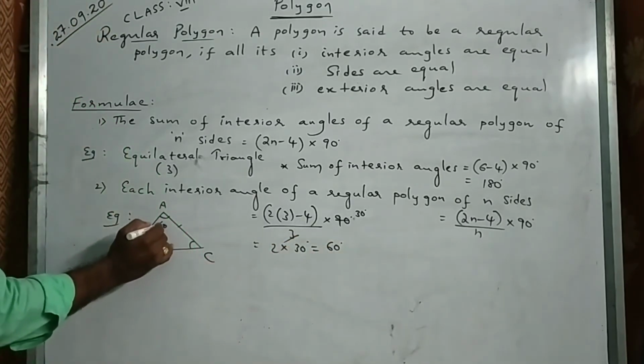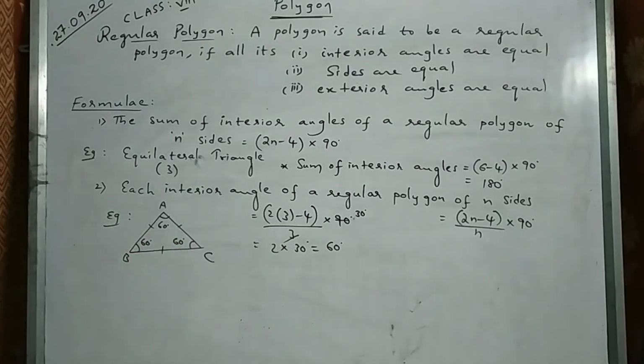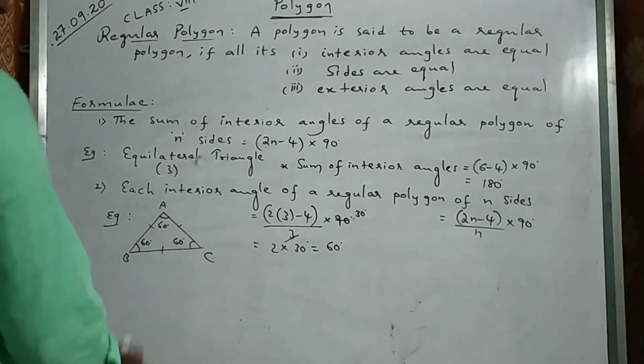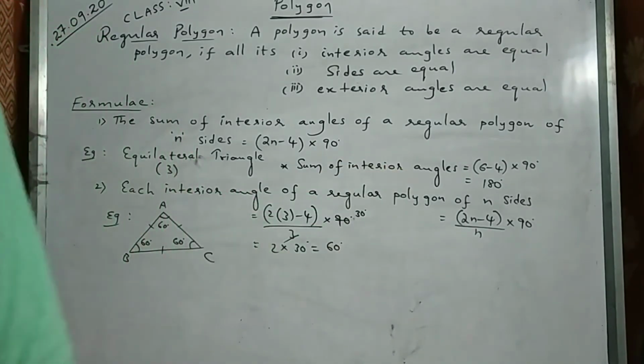See? 60, 60, 60. Correct, no? Each interior angle of an equilateral triangle is 60 degrees. So you can use that formula for anything. Okay?